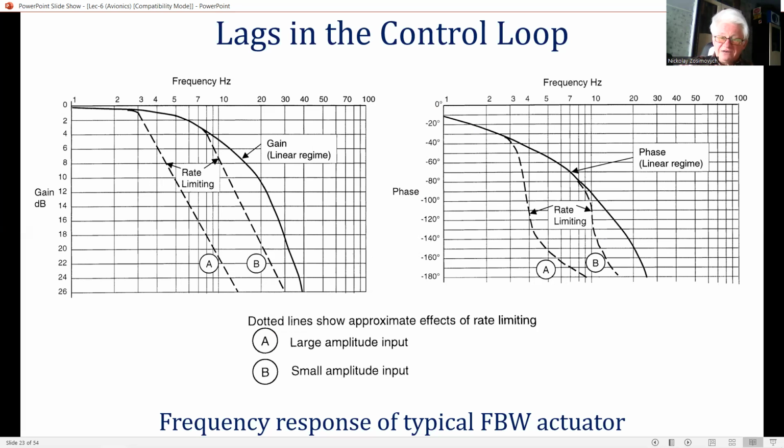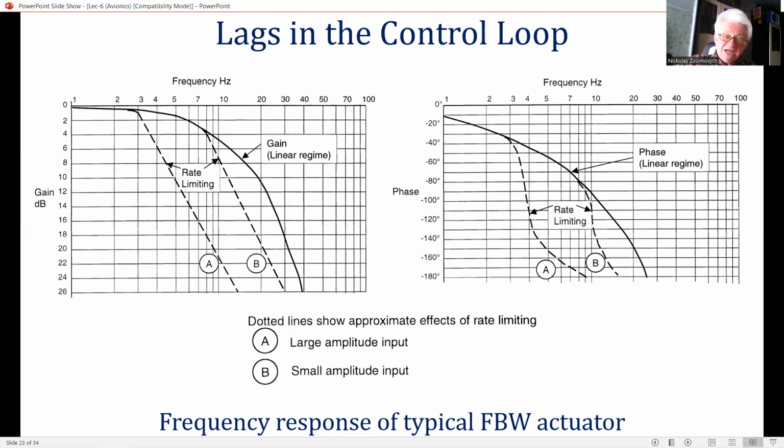Phase lag at 1 Hz is in the region of 10 to 12 degrees. At 5 Hz, as you can see, around 50 degrees.